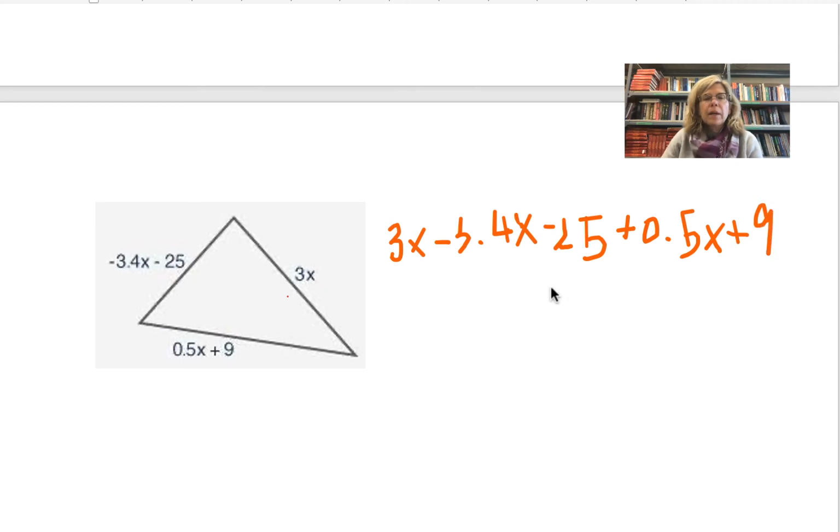And then my inclination is to multiply this by 10 anyway, and then I can get rid of some of these decimals.